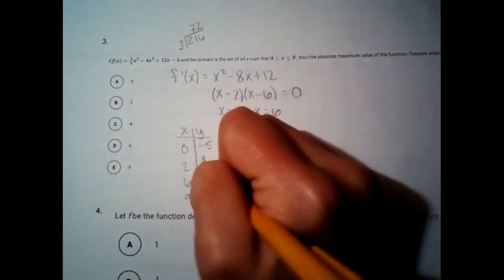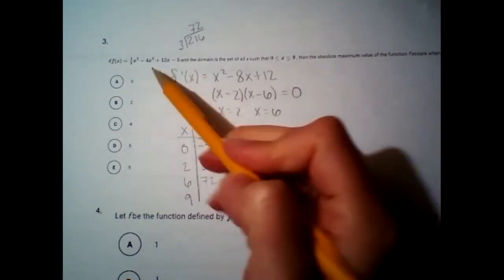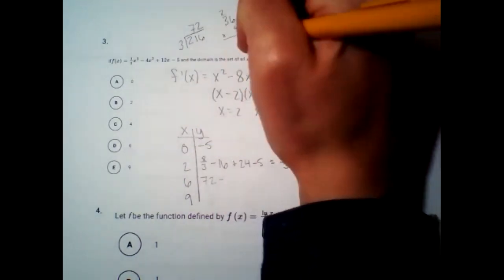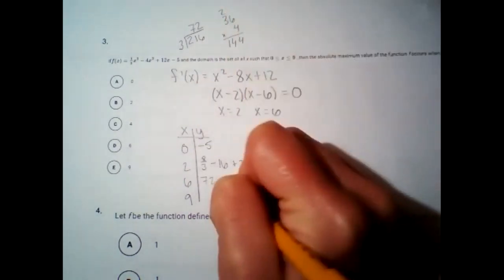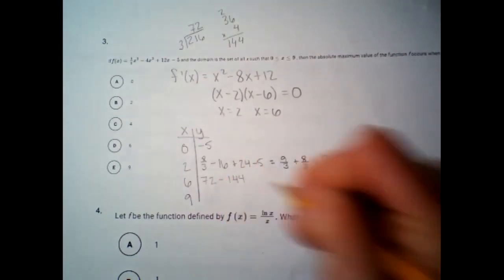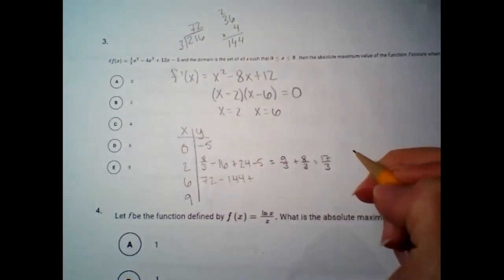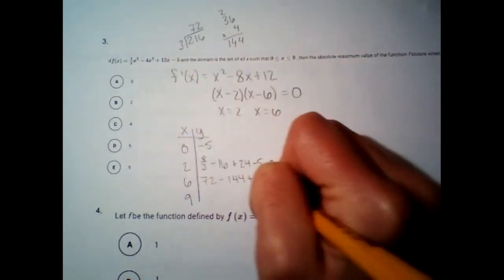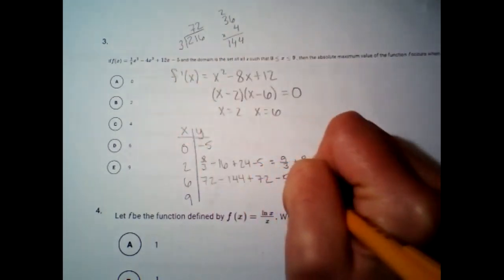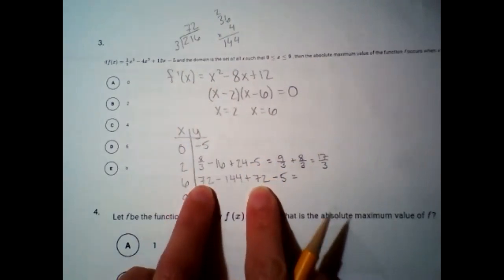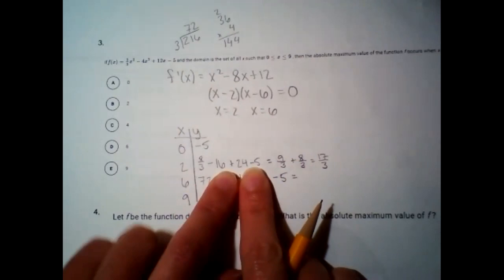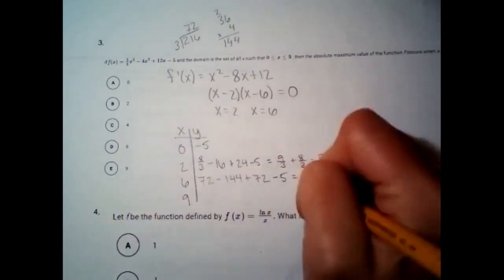So you got to fight your way through it, all right? 6 squared is 36 times 4 would be 144 plus, where am I at now? 12 times 6 would be 72 and then minus 5. So let's see. 72 and 72 would be 144, minus 144 would be 0, so that's all gone. We're just left with negative 5.